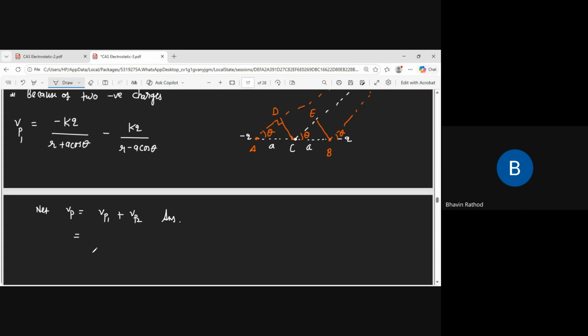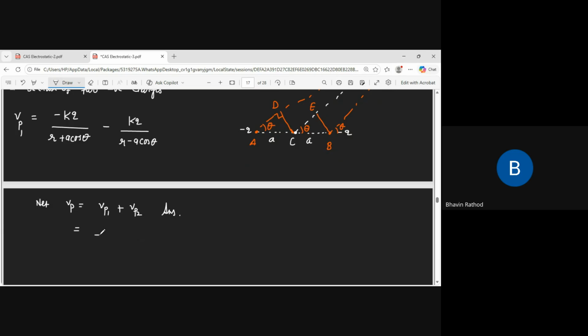It is equal to minus 2kqa squared cos 2 theta divided by r cubed. Okay, that's the answer.